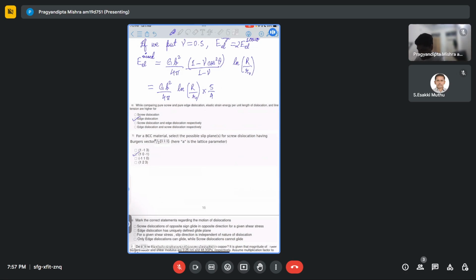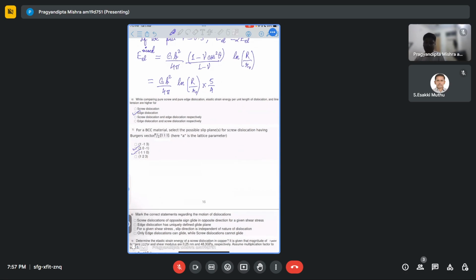Minus 1, 1, 0 is also correct because it will be minus 1 plus 1 plus 0, so that will also be 0. 1, 2, 3 will not be correct, so that is also wrong. You can just write the dot product of 1, 0, minus 1 with 1, 1, 1.